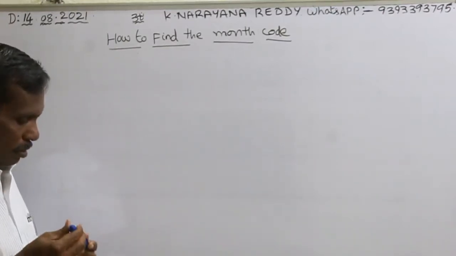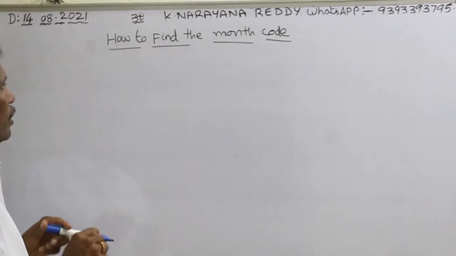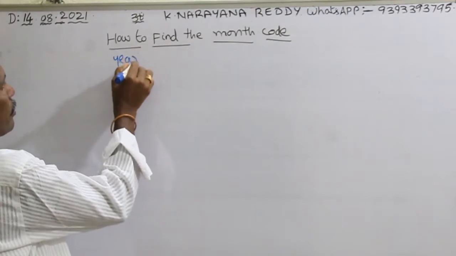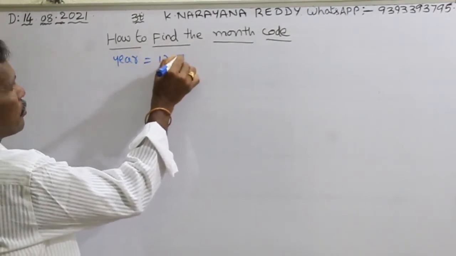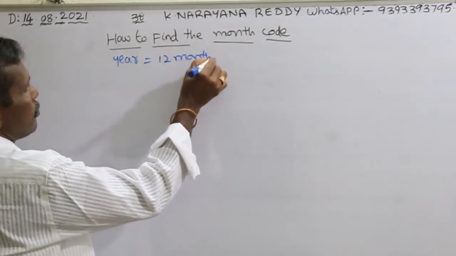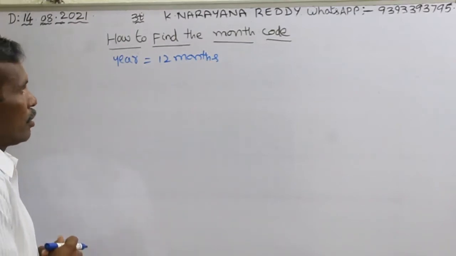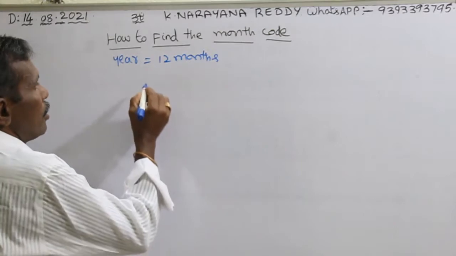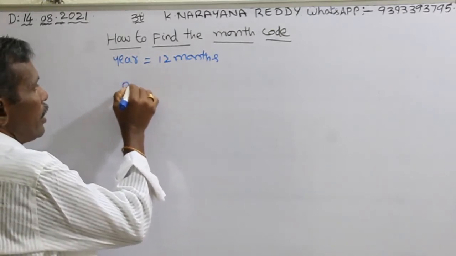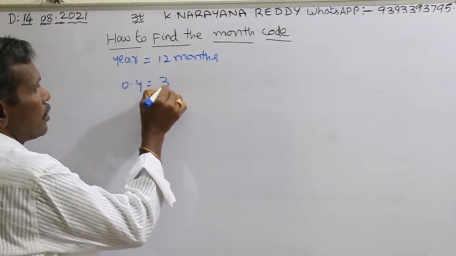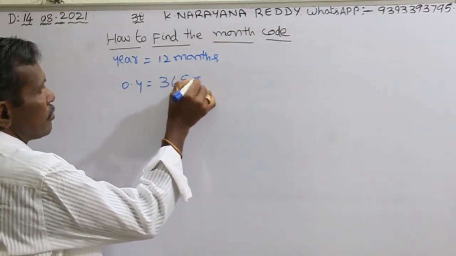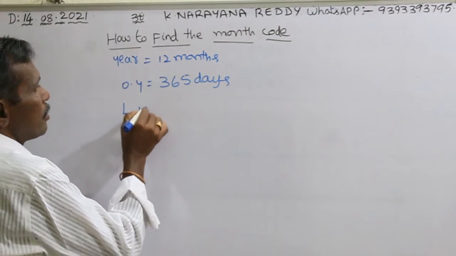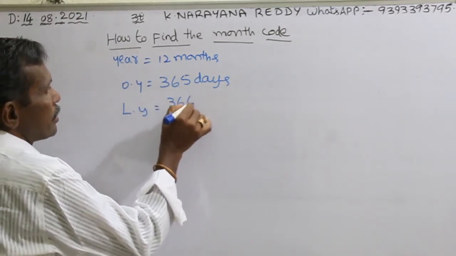See here, what months are there in a year? Generally, a year contains 12 months. An ordinary year contains 365 days. A leap year contains 366 days.